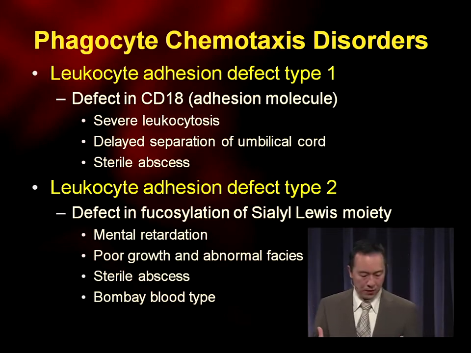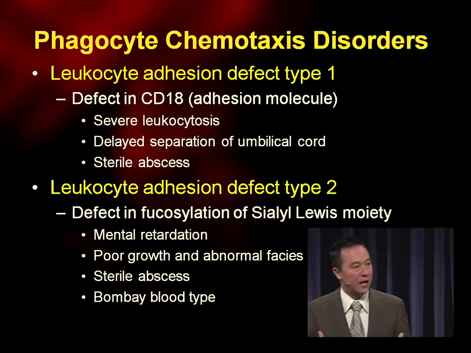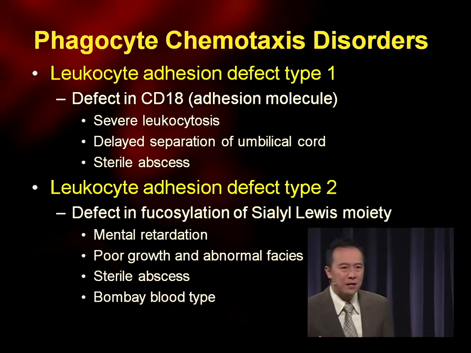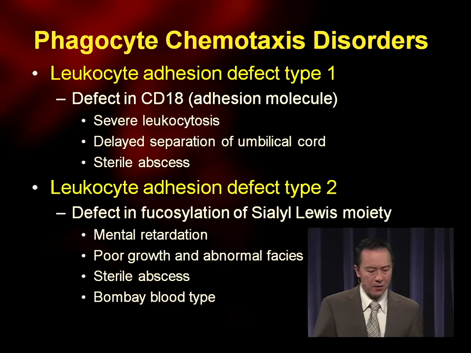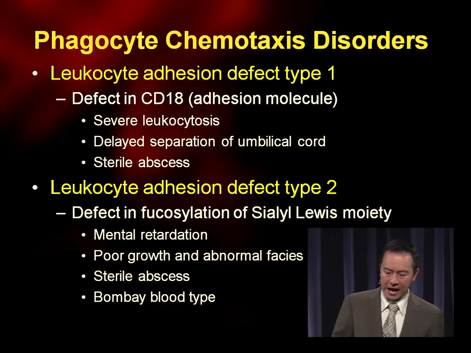And you always hear this a lot. These patients will get delayed separation of the umbilical cord, so anytime you have that, you want to think about LAD. But more often than not, they'll get more severe symptoms, like really bad gingivitis, omphalitis, and failure to thrive. Now, there's also a type 2, which is extremely rare.